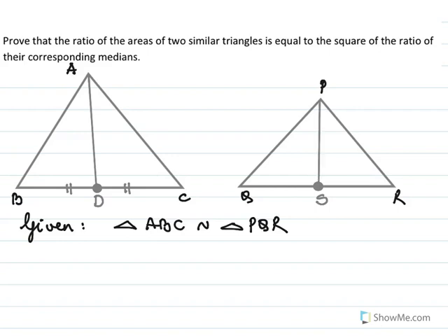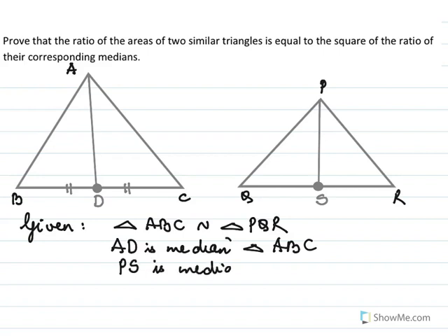So this is the median. So we write down, AD is median of triangle ABC and PS is median of triangle PQR. Now remember, median is from the opposite vertex to the midpoint.